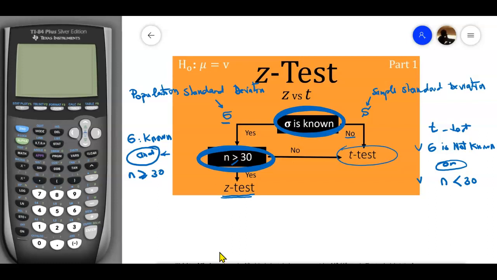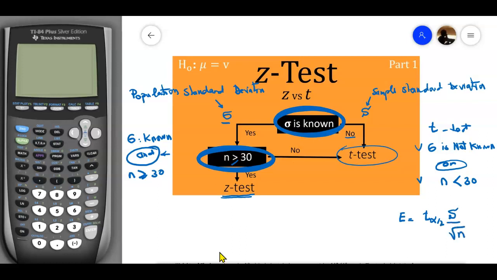Now for the calculation, the only thing going to change, I'm going to explain in terms of the error. The error here is equal to t alpha over 2 times s divided by radical n.